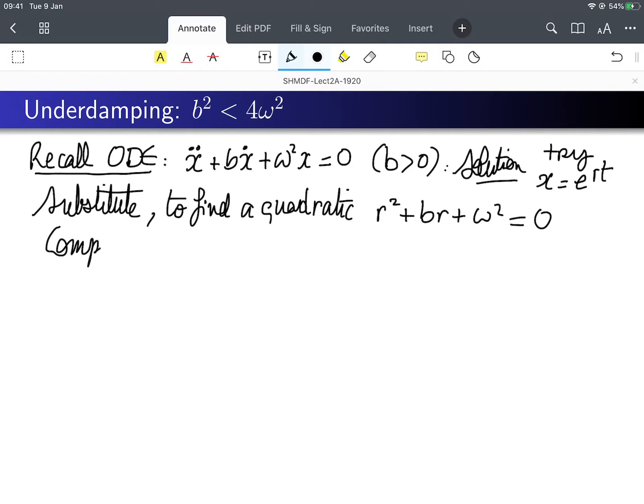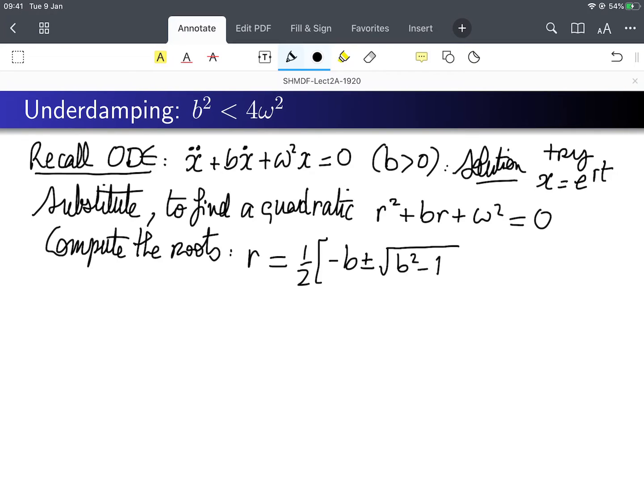So you may compute the roots using the general formula for roots of a quadratic, which is as follows: minus b plus or minus square root of b squared minus 4ac, a is 1 here, c is omega squared, divided by 2a, so it's just 1/2 in front.